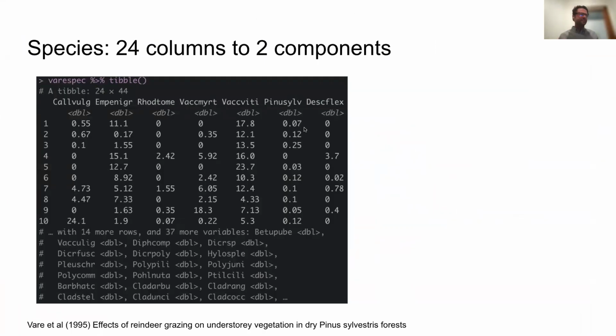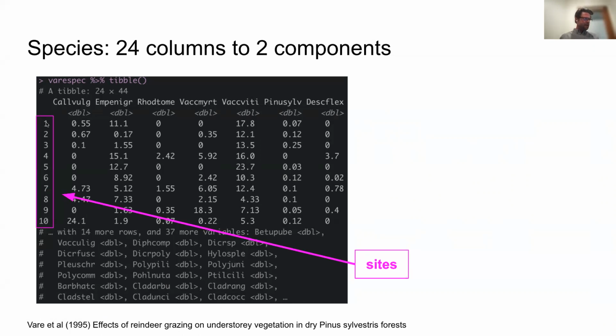Okay, so now we're going to look at the species data sets, different than the dune, same idea though. In this case, we're looking at reindeer grazing habitat, which they call lichen prairies. Each site is row-wise and each species is column-wise, and I think the values in between are percent cover.